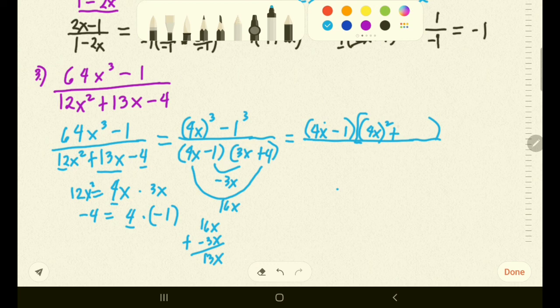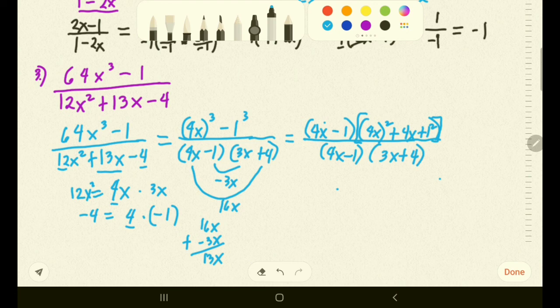It's the pattern for the difference of 2 cubes: 4x times 1, that is 4x, and then the square of 1. Now copy the denominator factors, 3x plus 4.